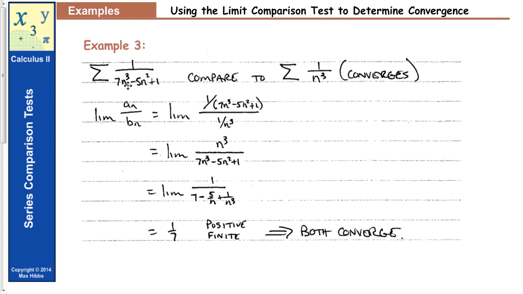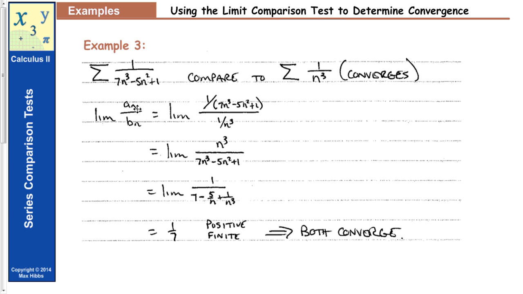It's n cubed, and the guideline is to disregard everything except the highest power of n, or k maybe, it could be, of course. So that means we disregard the 7, and we disregard the rest of this. And so we're going to compare to a series that's 1 over n cubed, which is a p-series. That's the point. And in that p-series, p is greater than 1, and so we know that p-series converges.